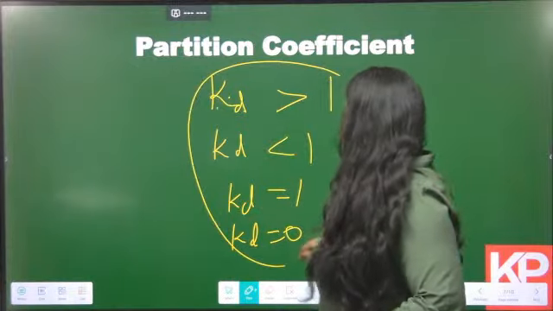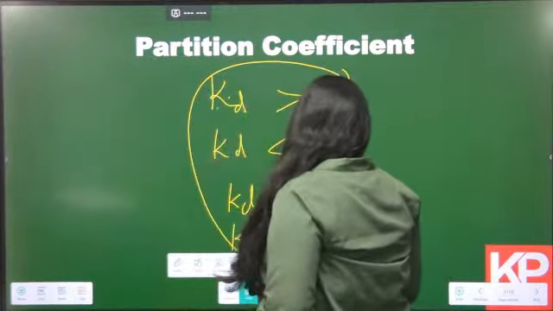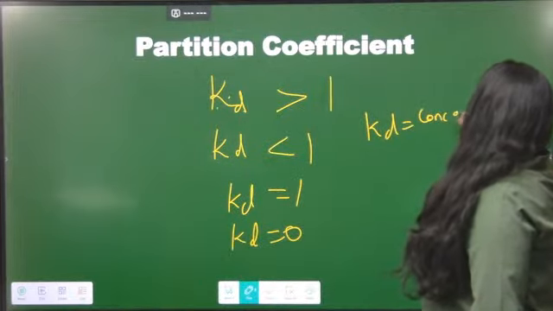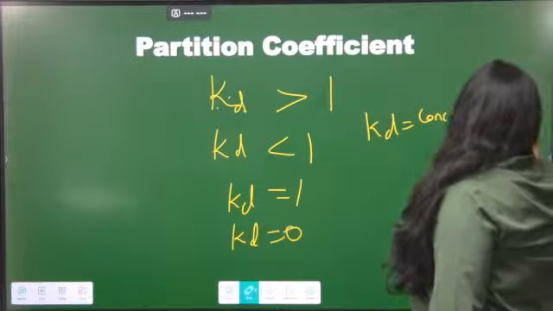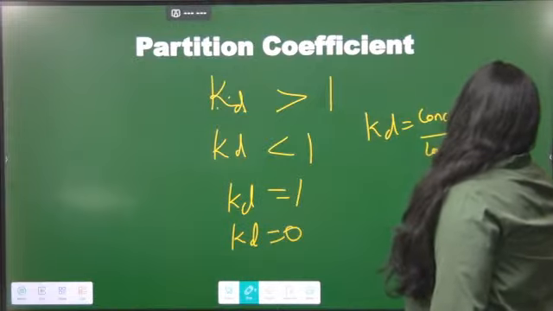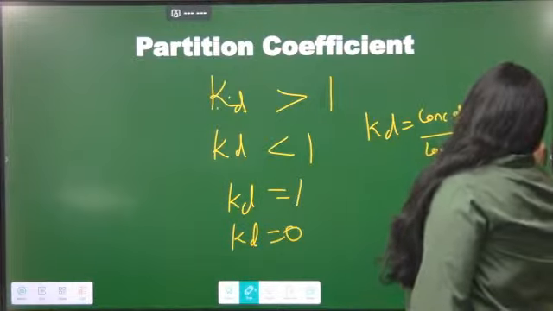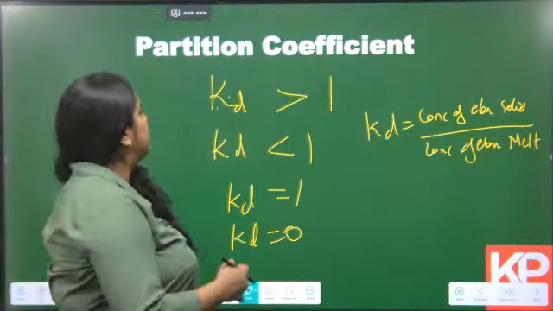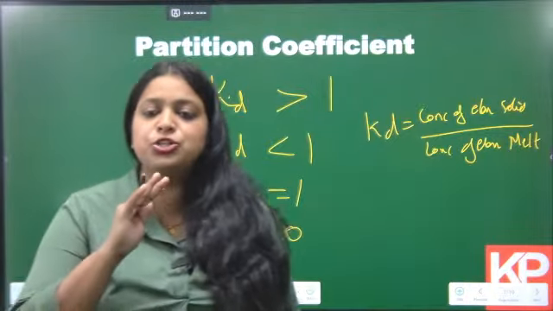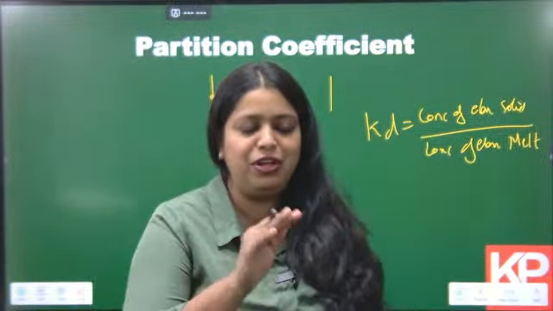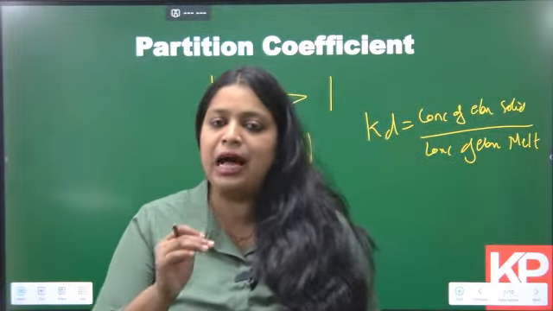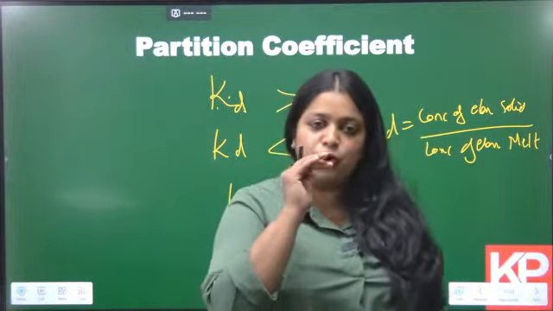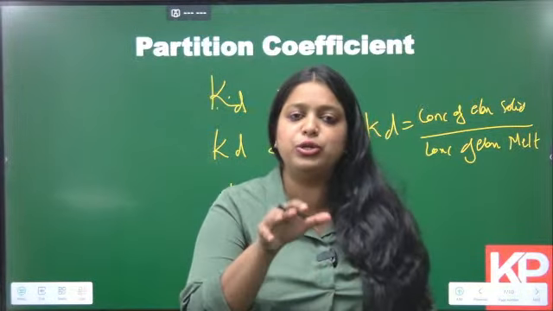Partition coefficient is calculated by a very easy ratio: the concentration of an element in the solid to the concentration of the same element in the melt during crystallization or during melting. The partition coefficient of an element in a mineral gives you an idea of whether the element has an affinity towards the mineral, or whether it will be incorporated inside the mineral during crystallization.